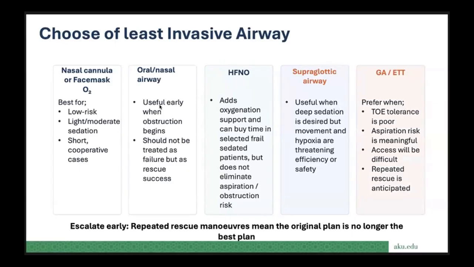High frequency nasal oxygen can improve the oxygenation margin in selected patients, especially the frail or hypoxemic. A supraglottic airway may be the better option when deeper sedation is required, when the procedure duration is longer, or when immobility is required, which makes repeated obstruction likely.